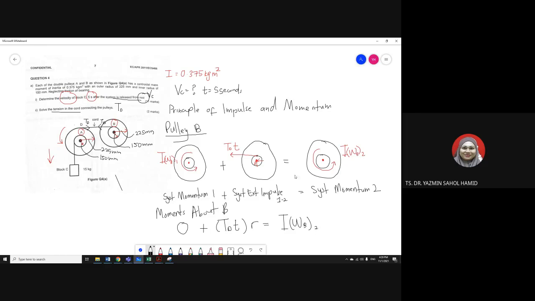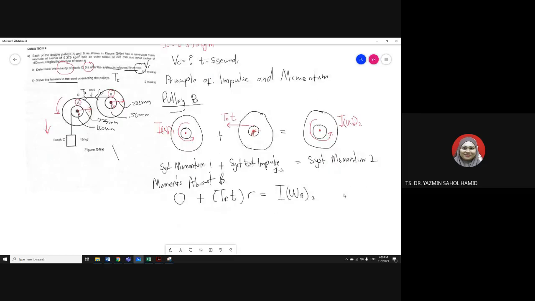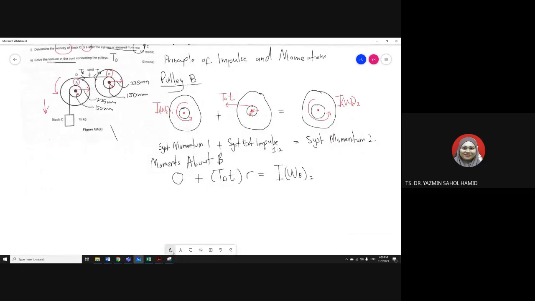Now, if you simplify this, it will be T_D t. Now what is R? If you look at system external impulse 1 to 2, the R for the one connected to the tension cord, is it the inner radius or the outer radius? Inner, yes.